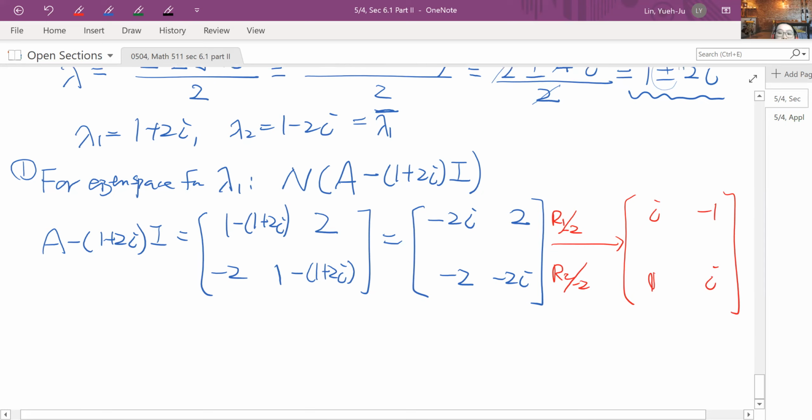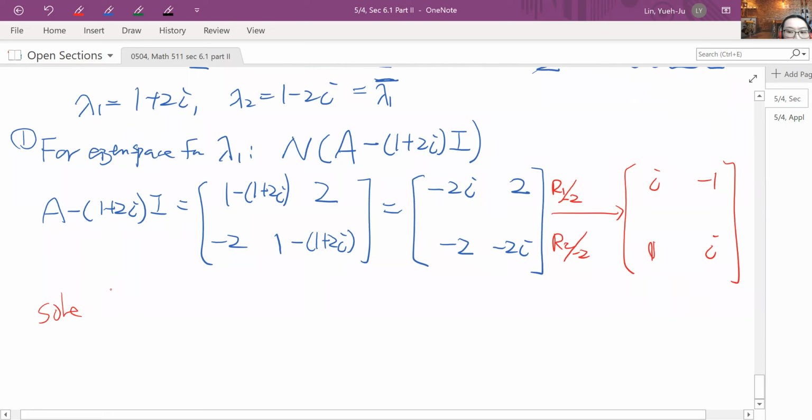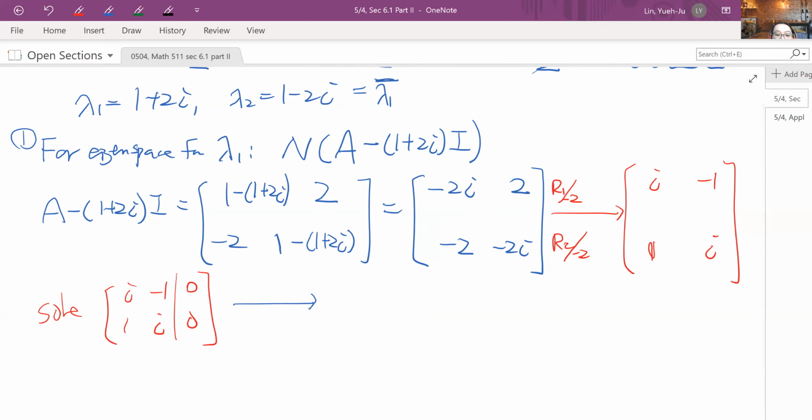Okay, so I want to solve this equals 0. I want to solve the null space. One thing I can do to simplify more is that this is a little bit tricky in the algebraic sense. That's why I didn't want to include it in the exam, because it takes a little bit of time to solve the algebra.